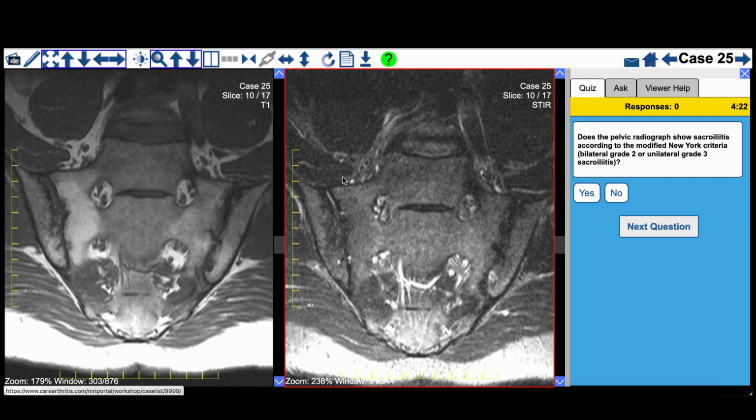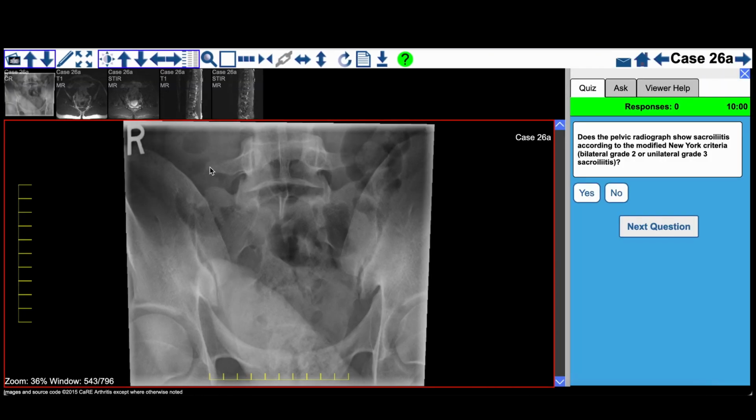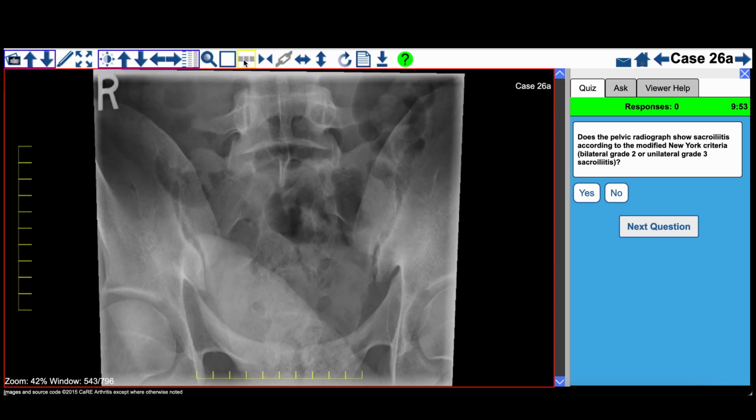Now let's have a look at another case, and we're going to look at the case of a marathon runner. And this young man is 28 years old. He's been running marathons for several years, but in the past 18 months has not been able to do this.